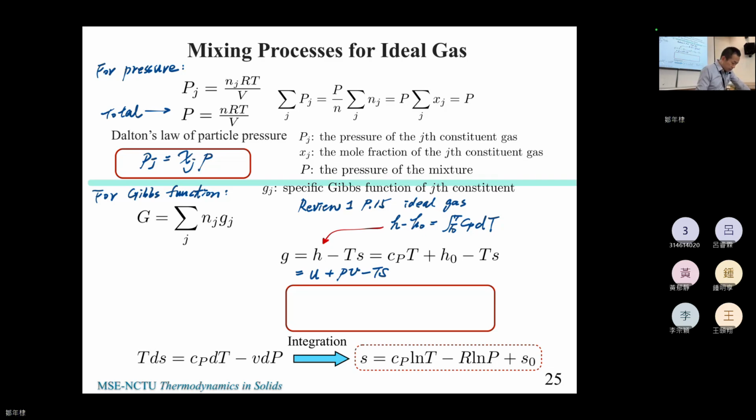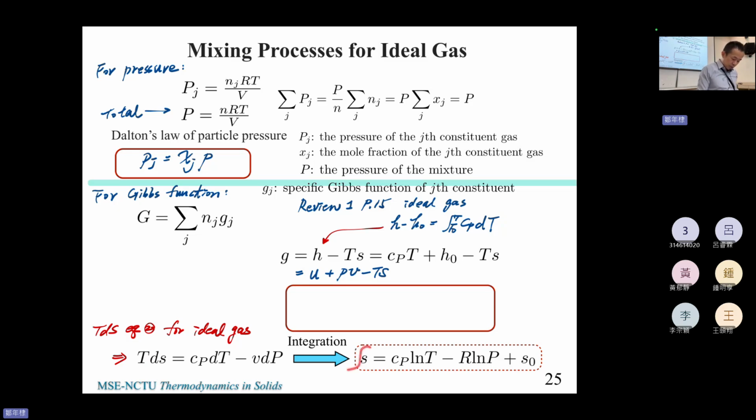Now we can use the TdS equation 2 for ideal gas. We get T dS equals Cp dT minus V dP, and we do the integration. We can divide by T to the left-hand side, and do the integration.